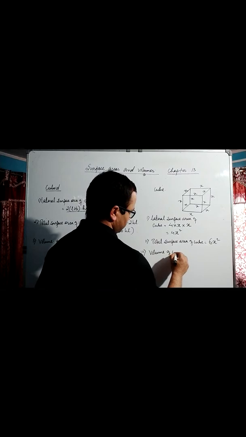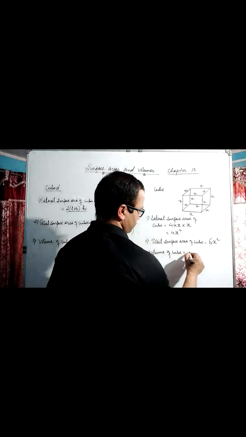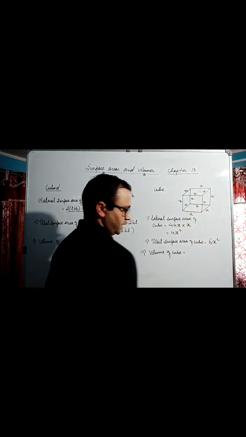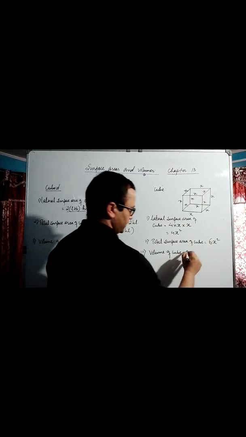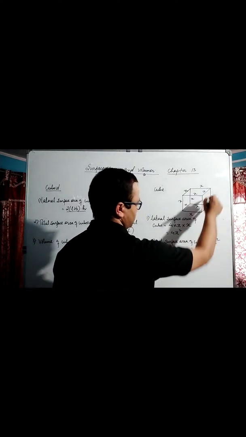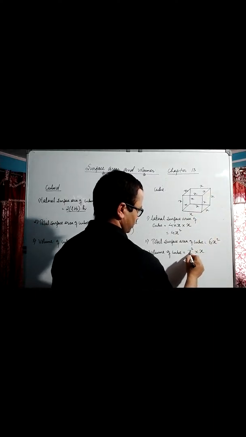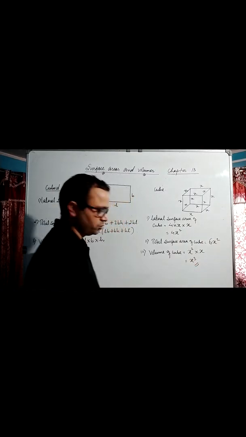Volume of the cube equals area of base, the area of a square, side square, into height. Height is x. So this equals x square into x, which is x cube. This is the volume of the cube.